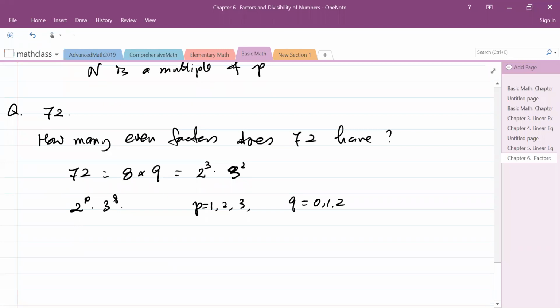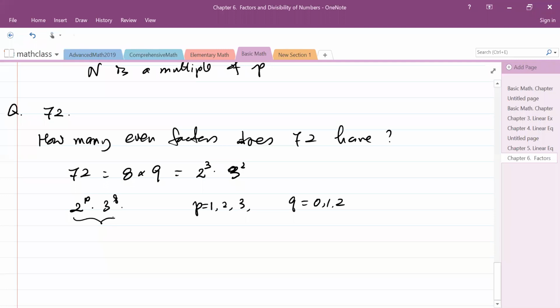So this is a factor in the general form, 2 to some power and 3 to some power. But if it is 2 to the 0, then that's 1. There's no factor 2 there, so it's not even.